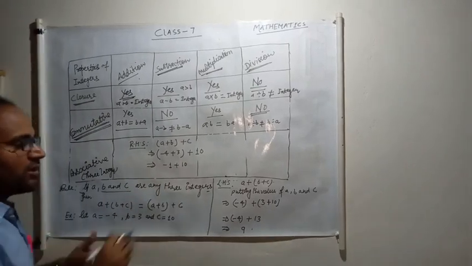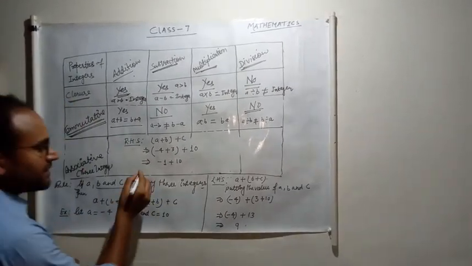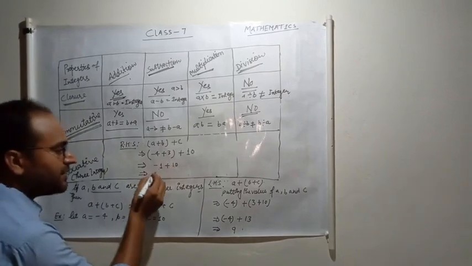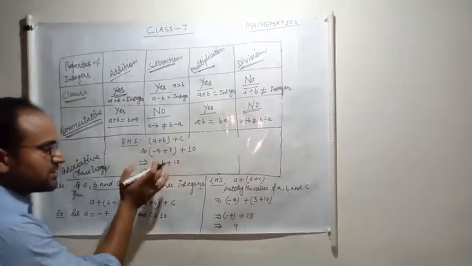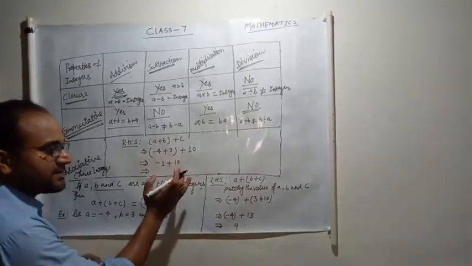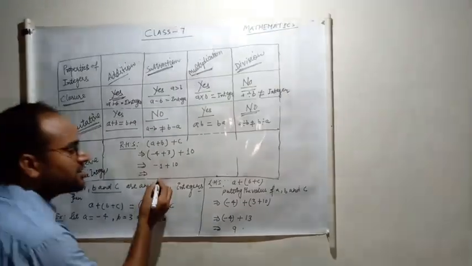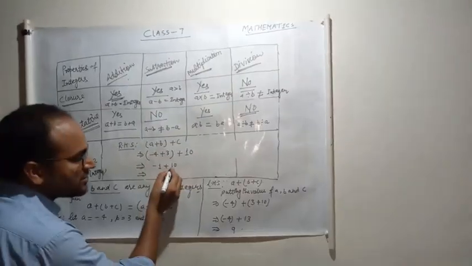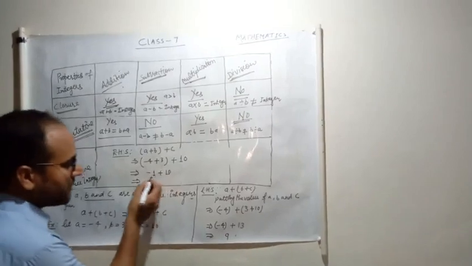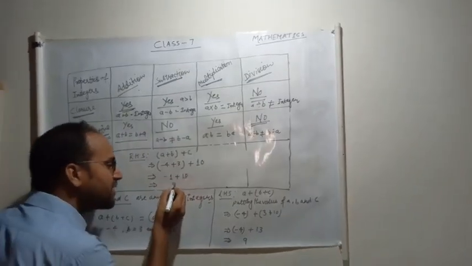Minus 1 plus 10, what will you get, students? Minus 1 and 10 are unlike signs, so we subtract and get the plus sign because 10 is greater than minus 1. Its sign is plus, so in this case also we get 9.